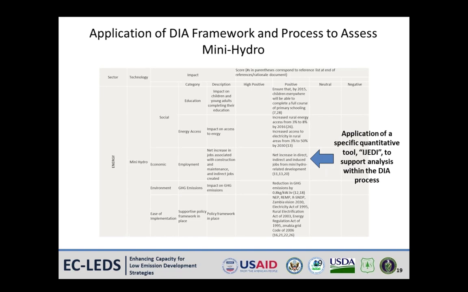And this is one of the flexibilities of the DIA tool, as it can take on information of different types, qualitative or quantitative, depending on what you have. And we completed these based on the data that was available and also took into consideration other factors.